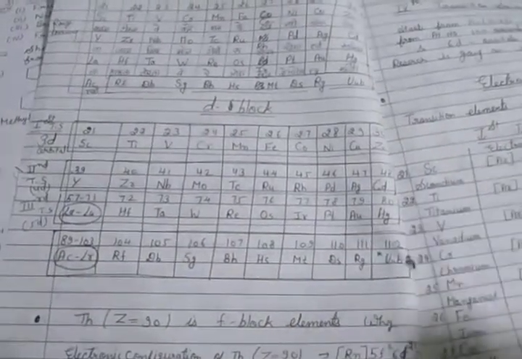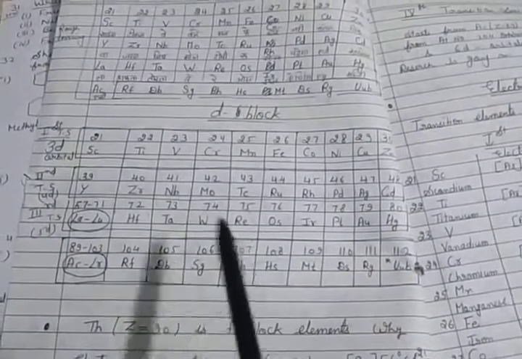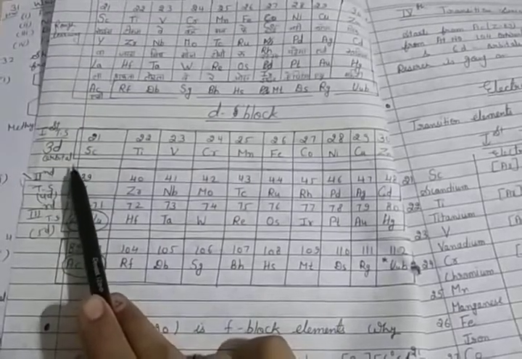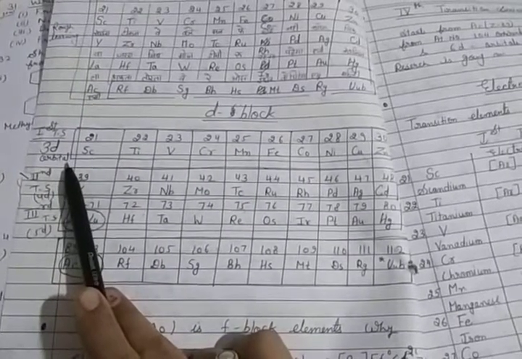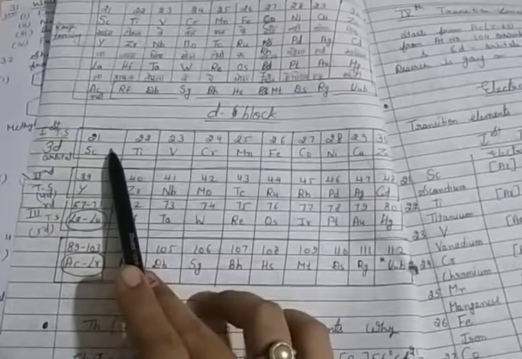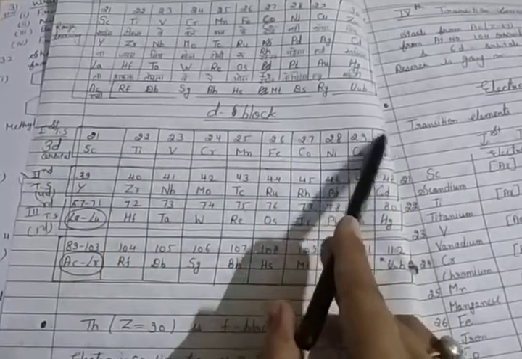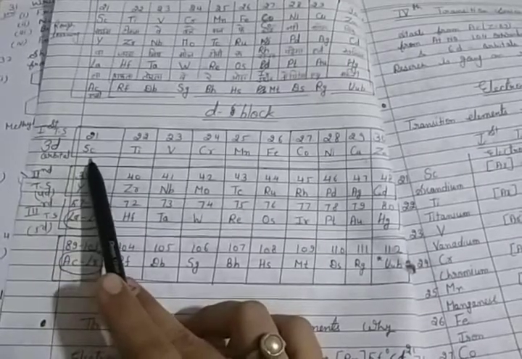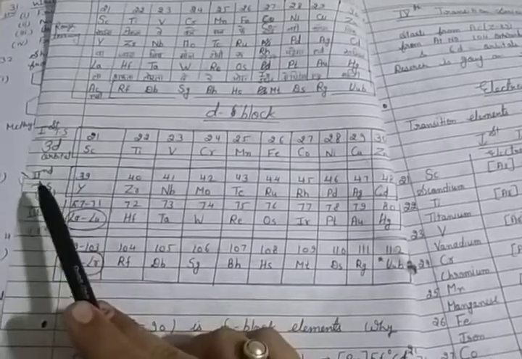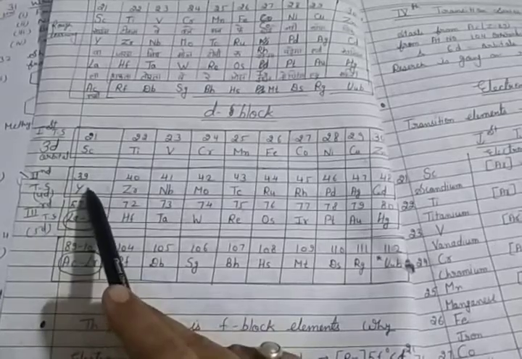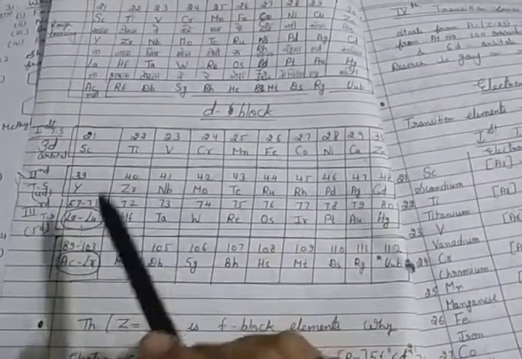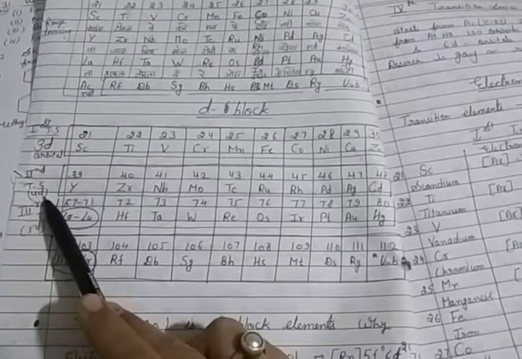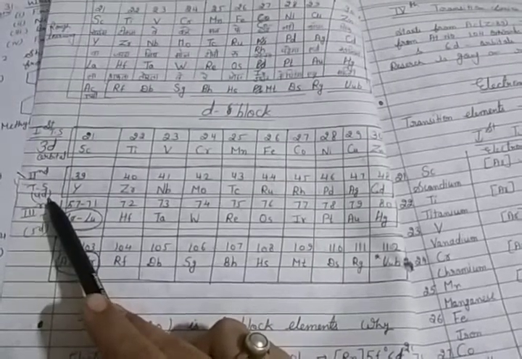The first transition series is known as the 3d series because for 21 to 30 the last shell is 3d. The second transition series starts from 39 to 48, and its last electron fills in 4d, so it is known as the 4d series.